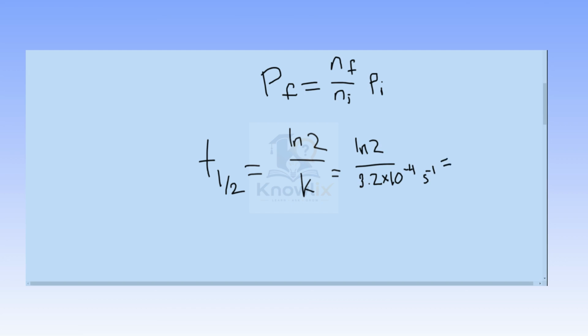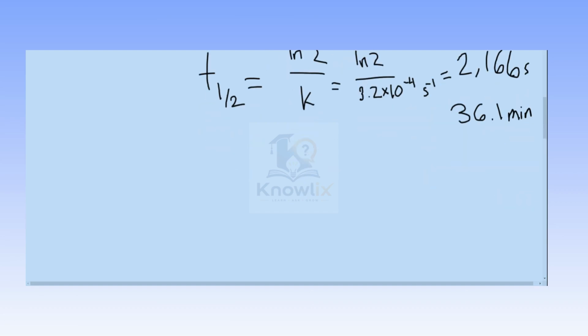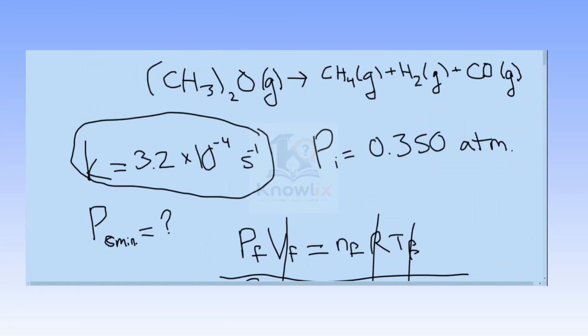And if we do the math, we will see that our half-life is 2,166 seconds. Now let's convert that to minutes by dividing by 60. We will see that is 36.1 minutes. So if we know the half-life, this is a first order reaction.